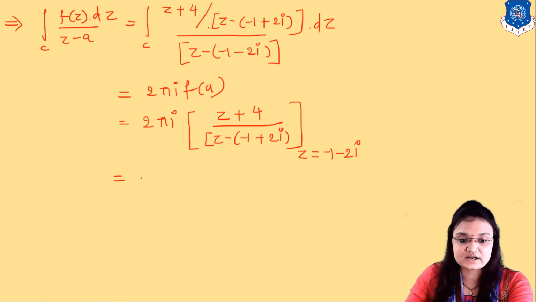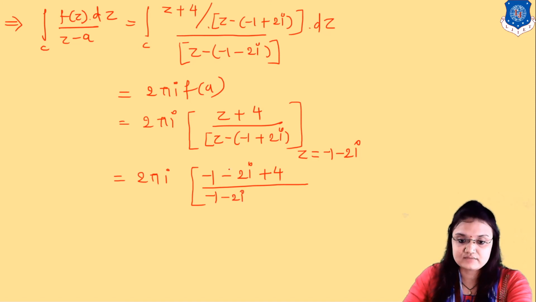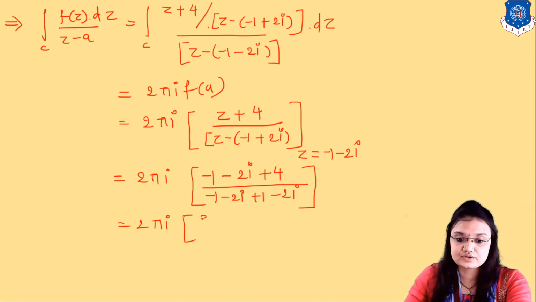Put z is equal to −1 minus 2i, so we will get −1 minus 2i plus 4 upon, this will become −1 minus 2i, by taking minus in bracket we will get plus 1 minus 2i. Okay, so now we will get 2 pi i times 3 minus 2i upon plus 1 minus 1 cancel out and here minus 4i.